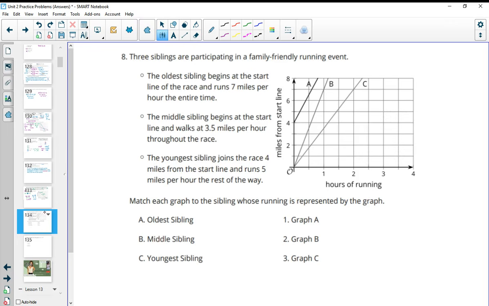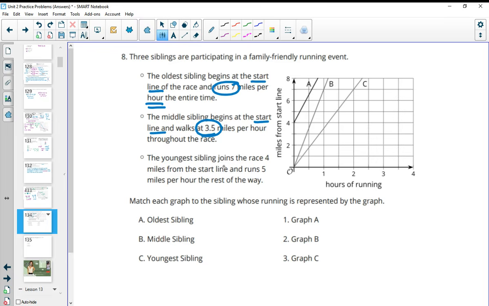Number 8, 3 siblings are participating in a family-friendly running event. The oldest sibling begins at the start line. Okay, so she's starting at the start line, and she's running 7 miles per hour the whole time. Then the middle sibling begins at the start line again and is running or walking 3.5 miles an hour throughout the whole race.